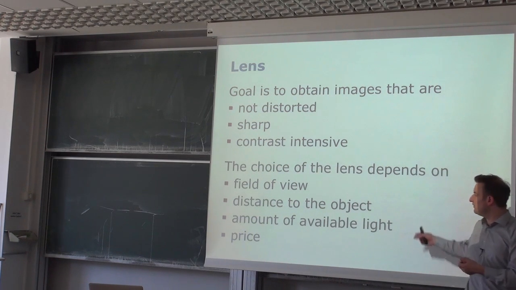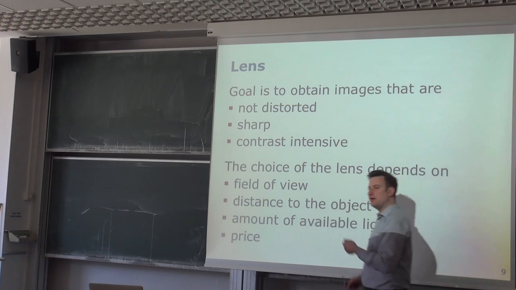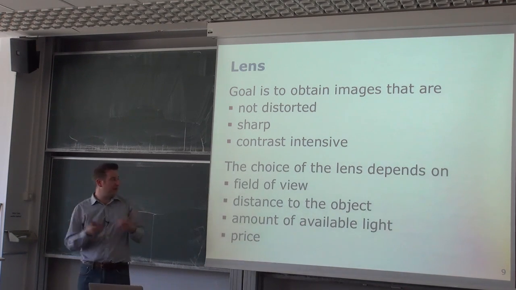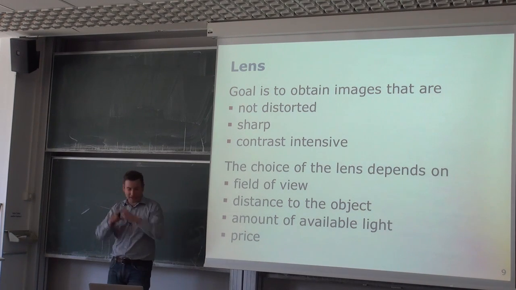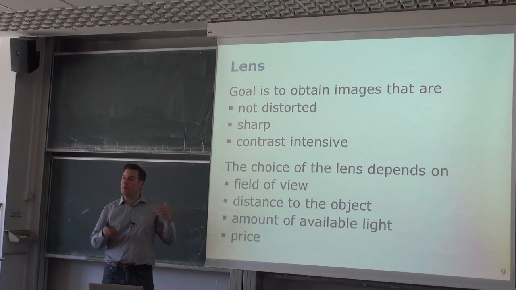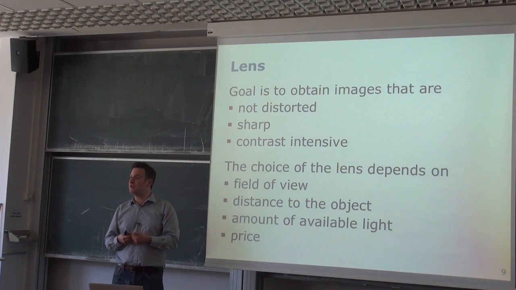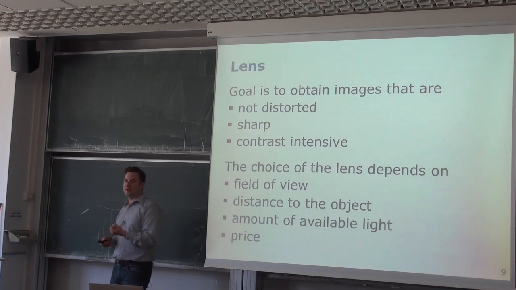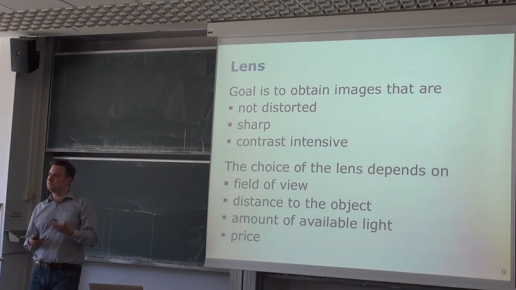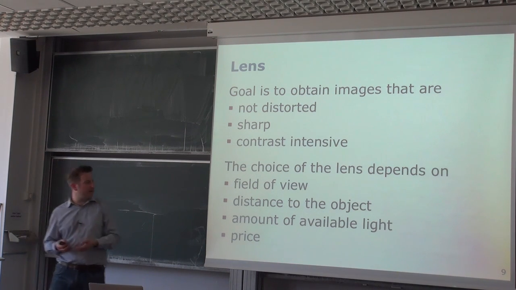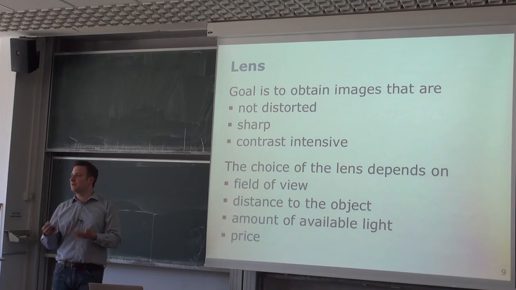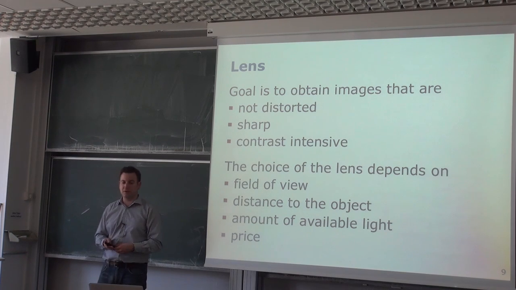And what is the amount of available light? Depending on the maximum opening of the aperture, how much light can we actually use and how much light is available? And also the price. Lenses are typically quite expensive parts of the camera. You can easily spend thousands or multiple thousands of euros for a good lens.